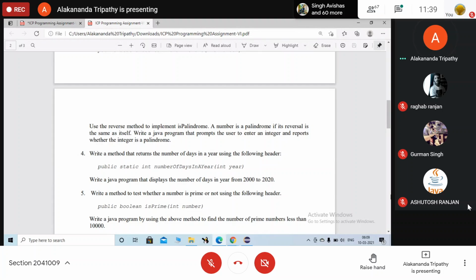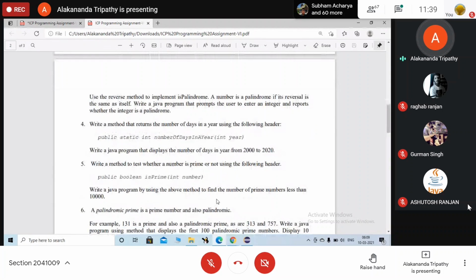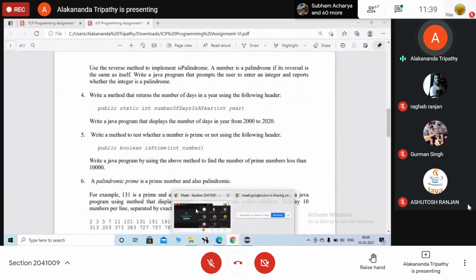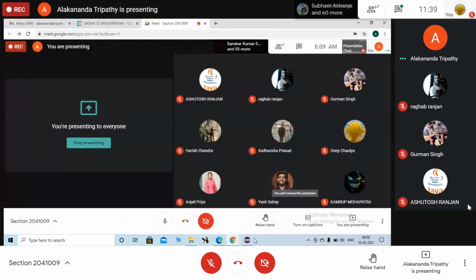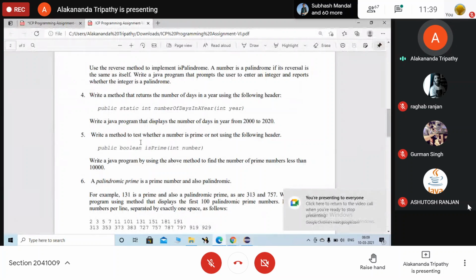Yes. Yes, that's correct. Akanksha, do the next question, prime number. Sorry, prime number not this one. Palindrome जिन लोगों का हो गया, leap year बनाओ. Then we will discuss the prime number. बन गया सबका leap year?